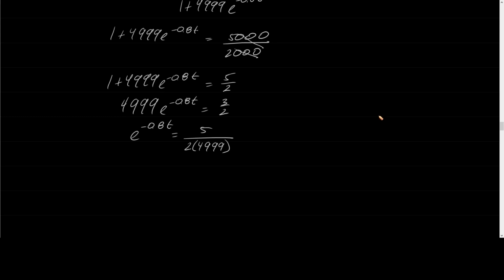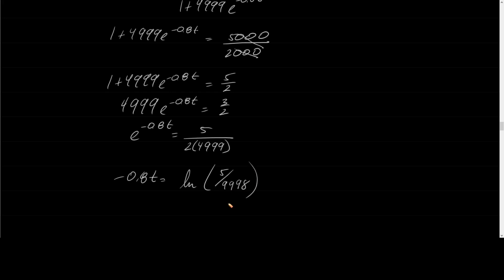Taking ln of both sides, I end up with negative 0.8t is equal to ln of 3 over, well, 2 times 4,999 is 9,998.